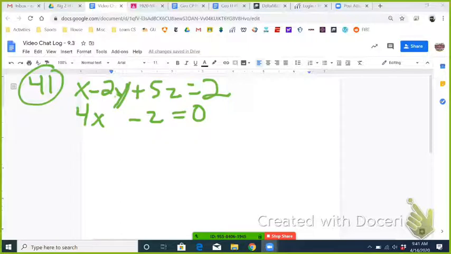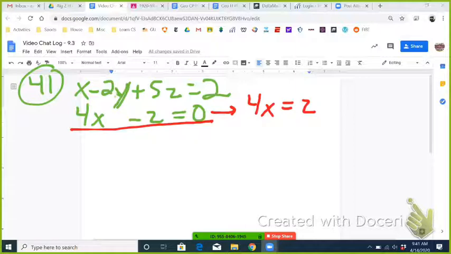Since we already have this bottom equation where you have 4x minus z equals 0, we could get z in terms of x by just adding z to both sides. So we have 4x is equal to z.